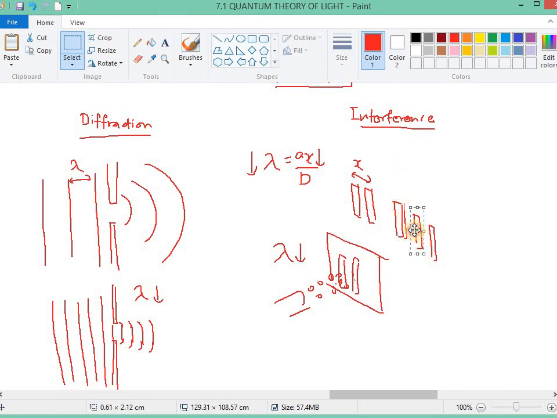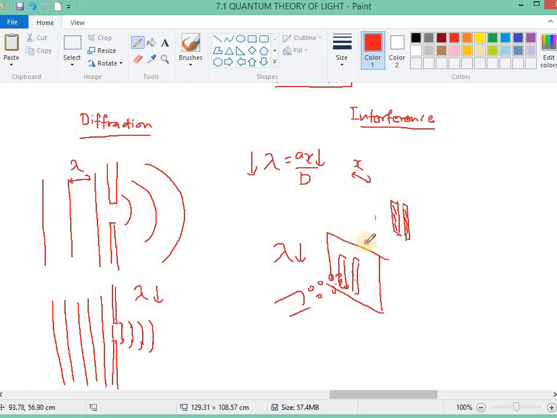All group together because x is very small. So in the end, you cannot observe an interference pattern. You only see two lines.